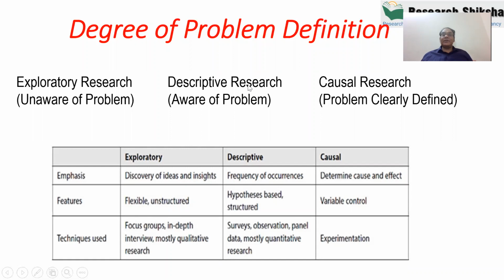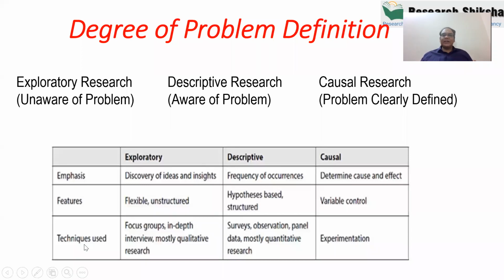In descriptive research and causal research, the basic difference is that the hypothesis is there in both, but in descriptive study, the hypothesis is tested with the help of statistical analysis. In causal research, the hypothesis is tested with the help of some experiment. We will discuss that, no problem.